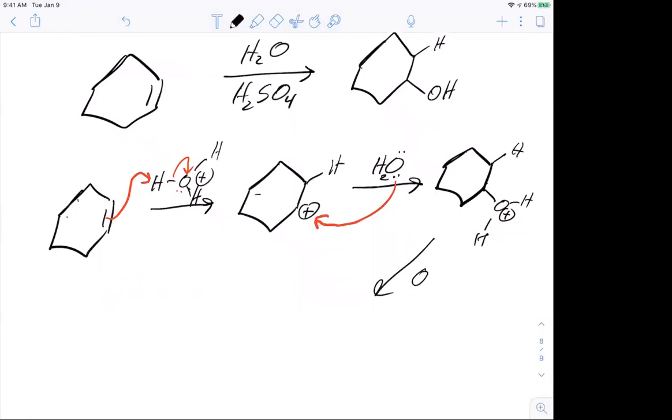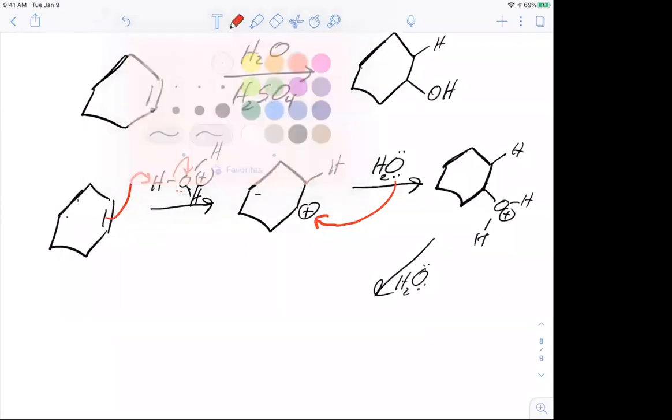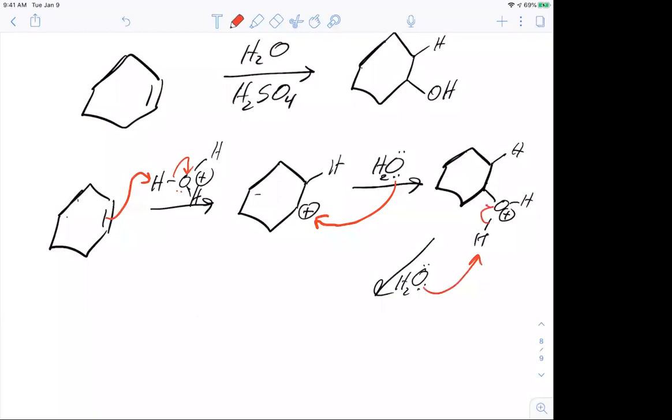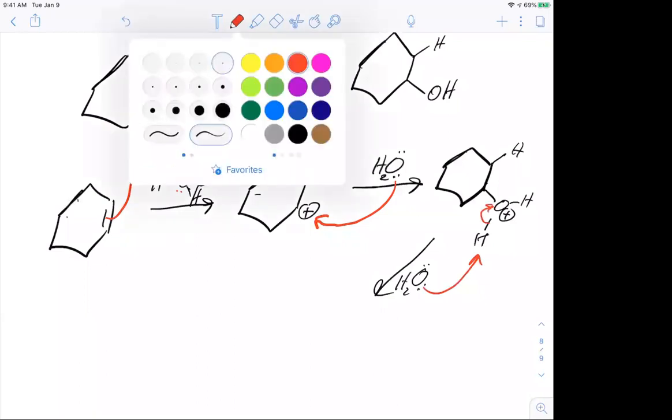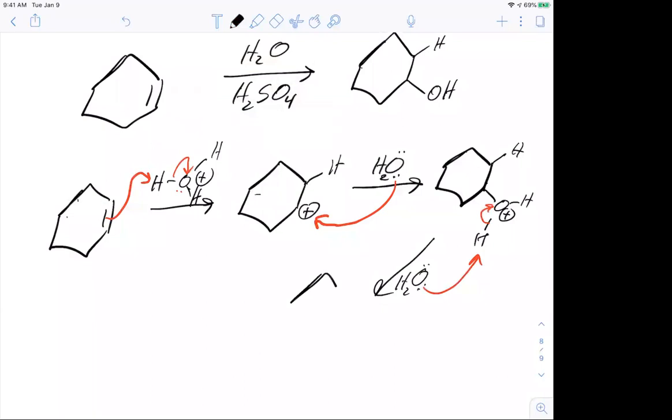Okay, and we're not going to leave it in this form, so we need to do one more step. So the lone pair on water is going to act as a base to deprotonate that. And notice we end up with water.